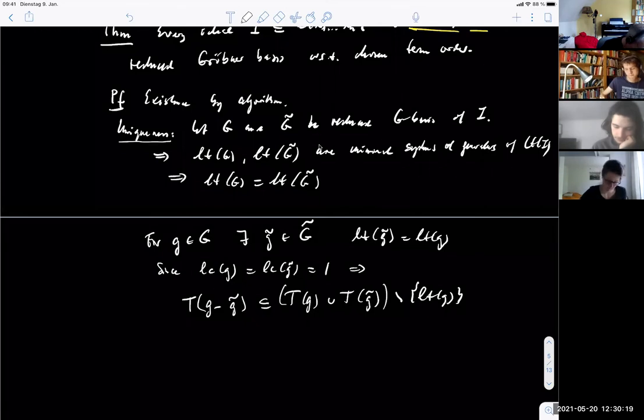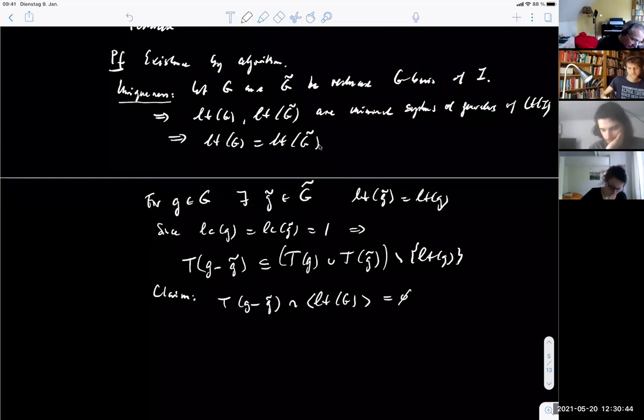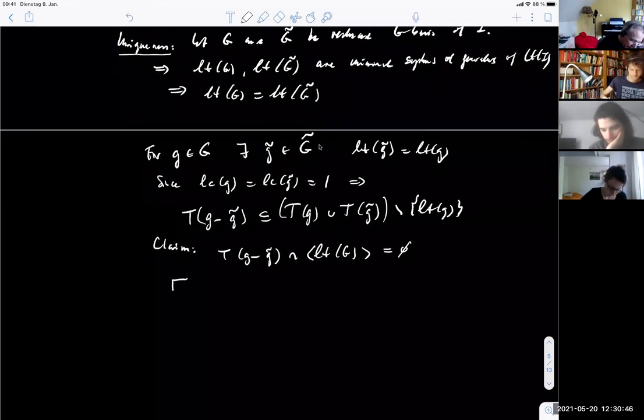So now, a little claim. I claim the term set of g minus g twiddle is disjoint from the monomial ideal generated by the leading terms of G. Let's check this. I do every little step. Let's show this claim. Why is this?